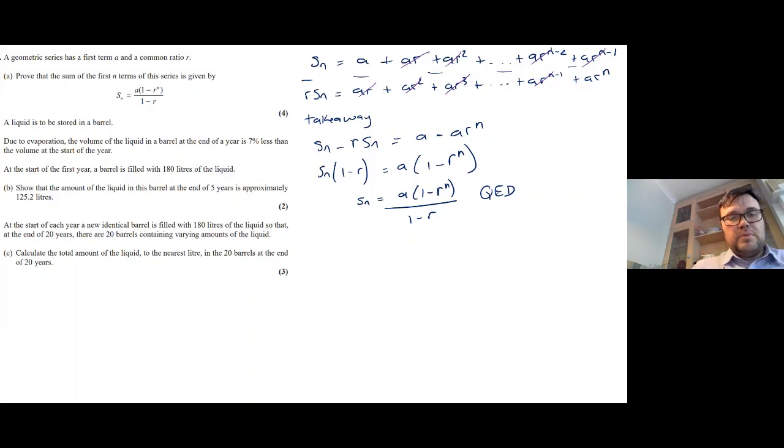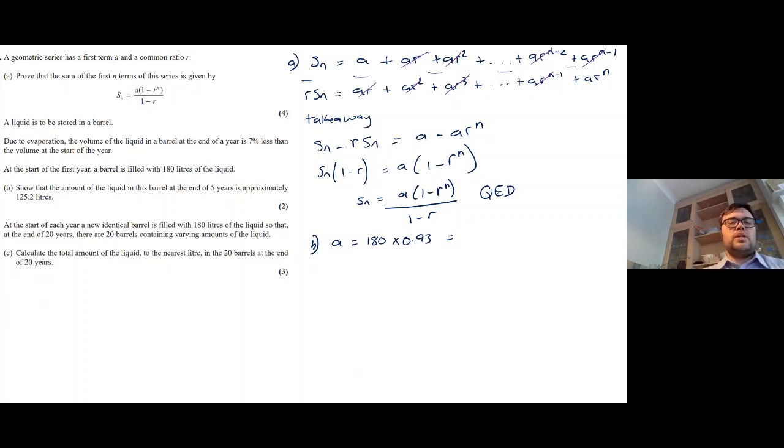Now, this is a common mistake. How you would do this is you would show that the first term is not 180, but is actually 180 times 0.93, because it says at the start of the year it's 180 litres, but we want the end of year 5.